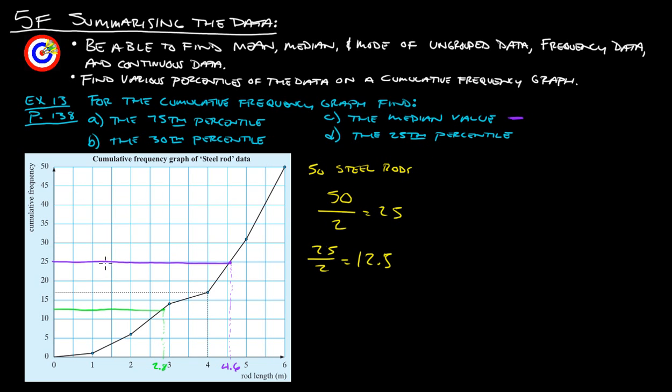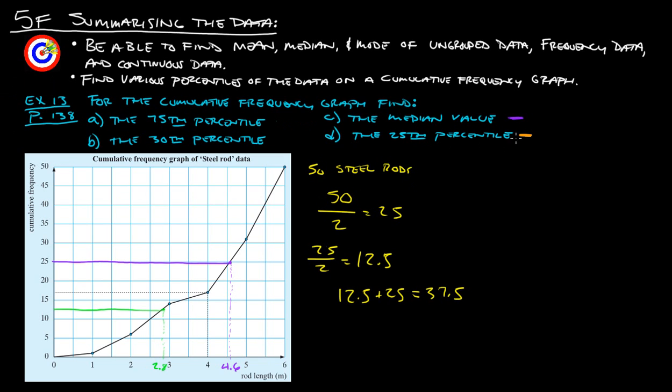And then to find our 75th percentile, it's 12.5. This was 12.5 down from the 25, so the 75th is going to be 12.5 up from 25. So 12.5 plus 25 gives us 37.5. So that's going to be our 75th percentile. Oops, I didn't color code the other one.